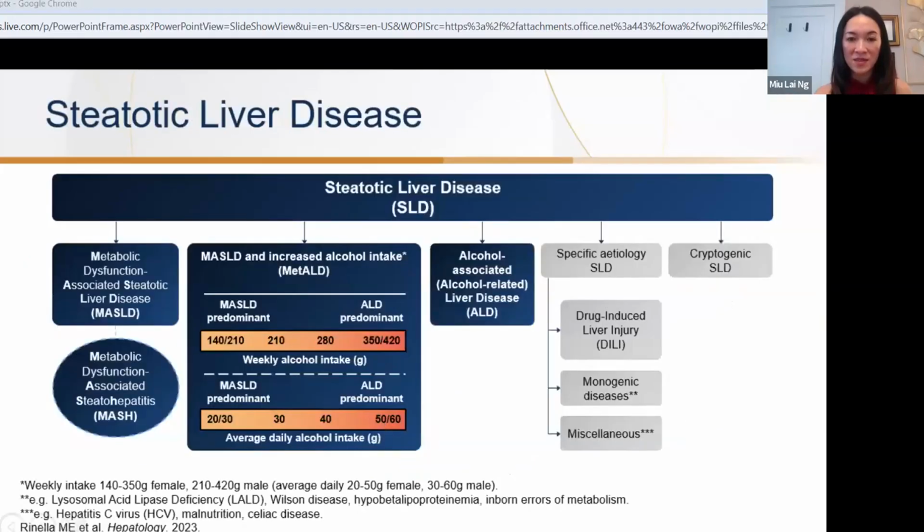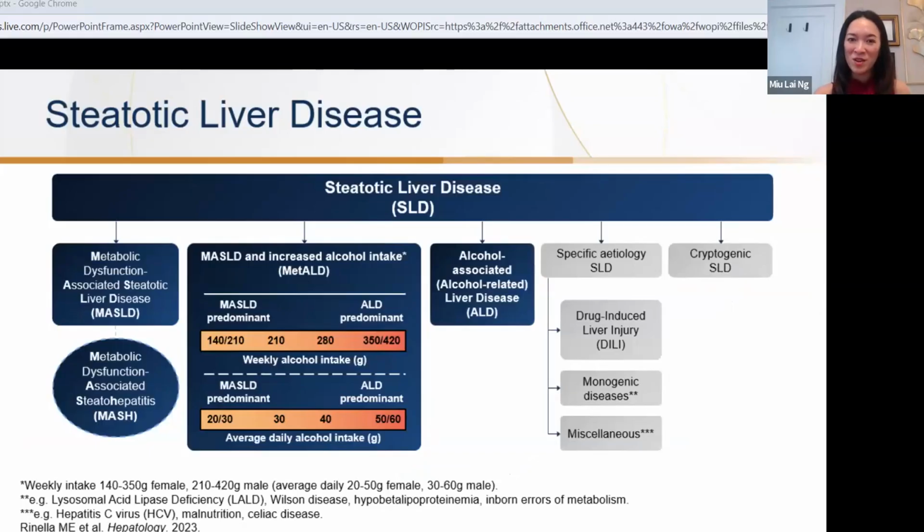So here is some education for us. Here's the broader framework under the umbrella of steatotic liver disease. We have multiple categories. If you look at the navy blue on the leftmost, it is MASLD, metabolic dysfunction associated. And if you look at the rightmost blue, it is alcohol related.